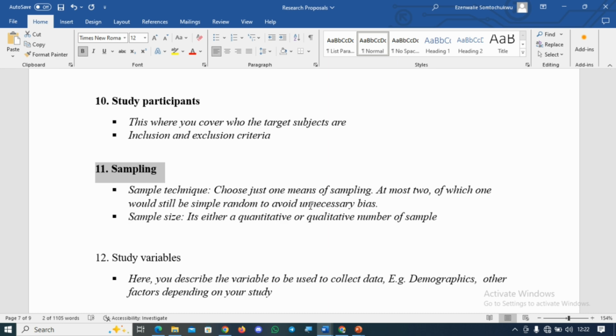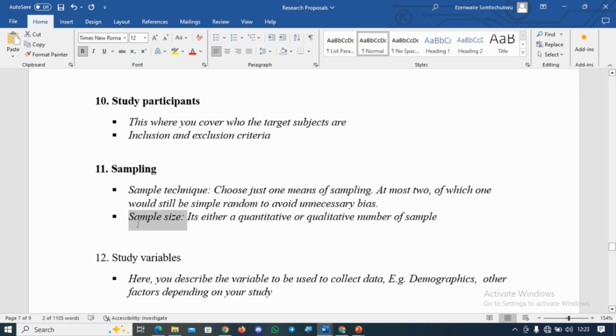I think statisticians recommend using a maximum of 2 sampling techniques, of which simple random sampling could be one. Whichever sampling technique you use, it's best to avoid bias. Use one and then add it to simple random sampling. That way you can make a much more unbiased research. You also talk about the sample size that you'll be using.